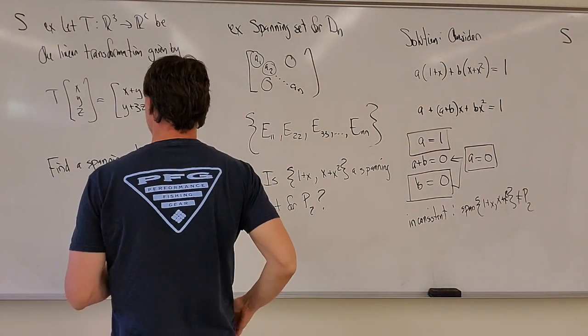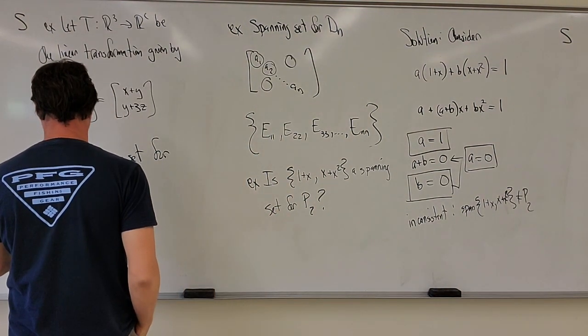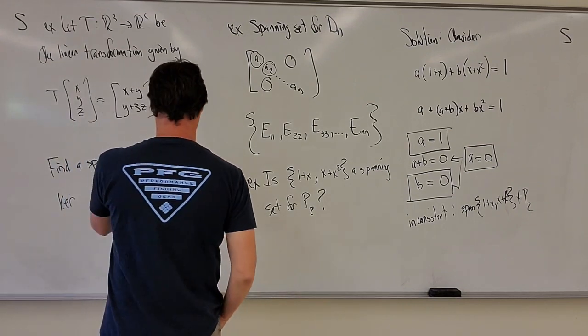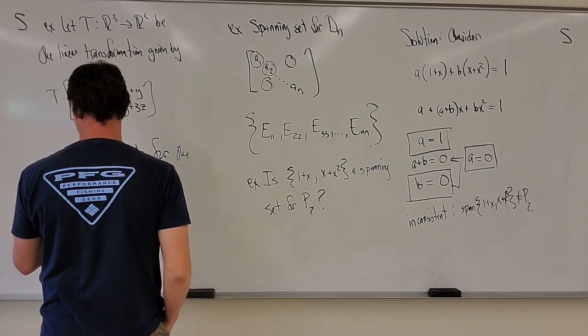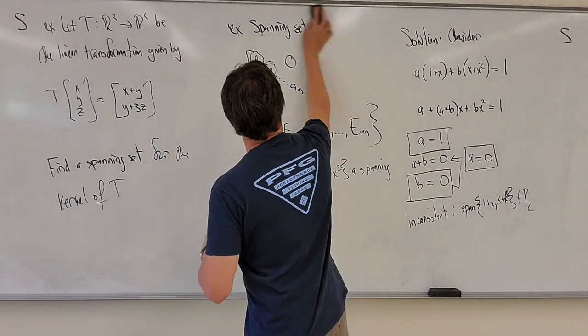So I want to find a spanning set for the kernel of T. Remember, and I'll just say it here.